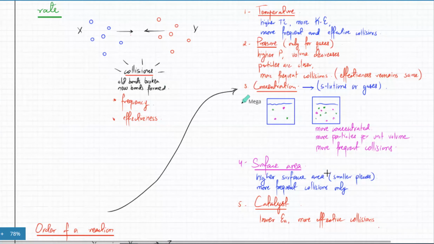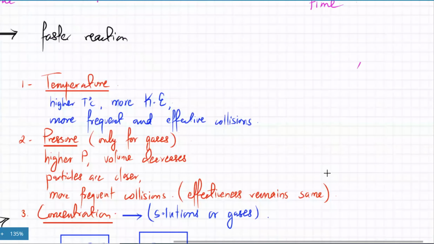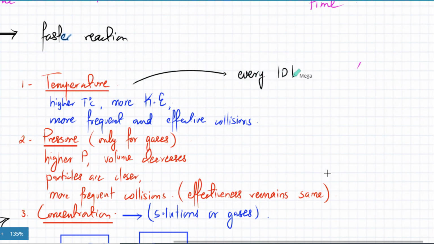I'll just add one effect: if you increase temperature by 10 kelvins, the collisions double. So make sure you remember this separately, that every 10 Kelvin rise doubles the frequency of collisions.